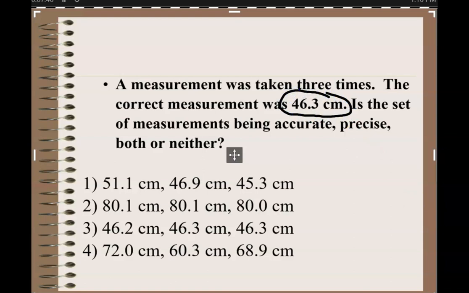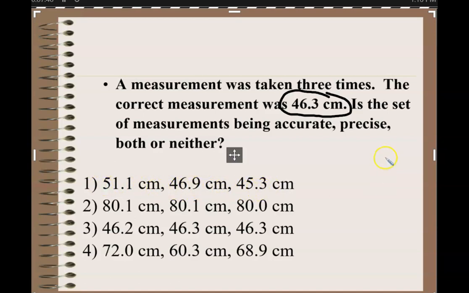So here's a group, student 1. They measured once, it was 51.1 centimeters, then 46.9 centimeters, then 45.3 centimeters. So at no point were they really close to this. So I don't see any accuracy going on. And then these numbers are not close to each other either. So that would be repetition.